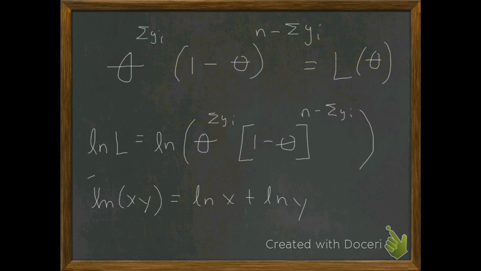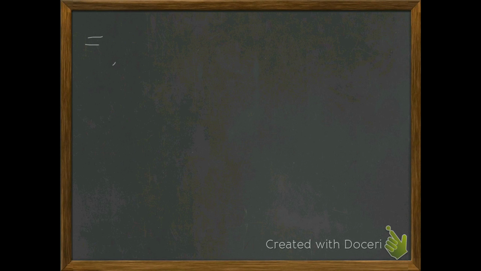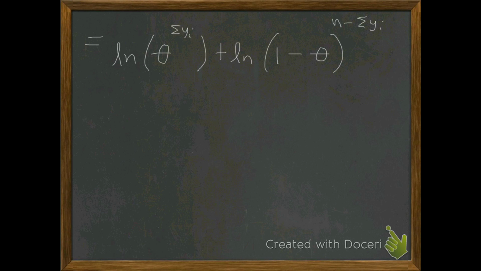So we're going to use this. The next thing we're going to get is the natural log of theta to the sum of our y sub i's plus the natural log of 1 minus theta to the n minus sum of the y sub i's.